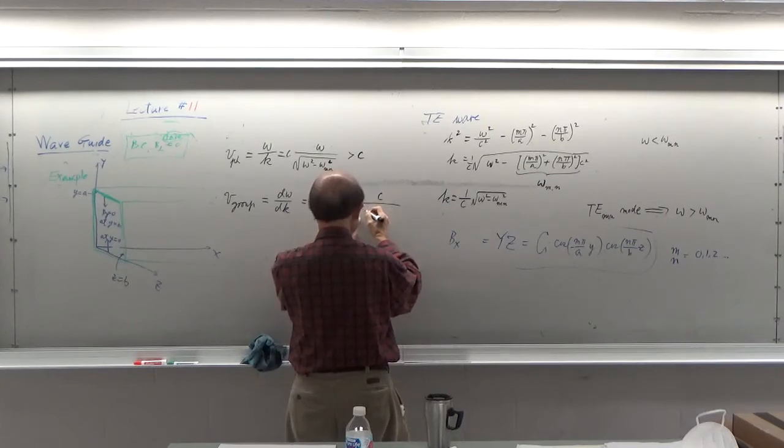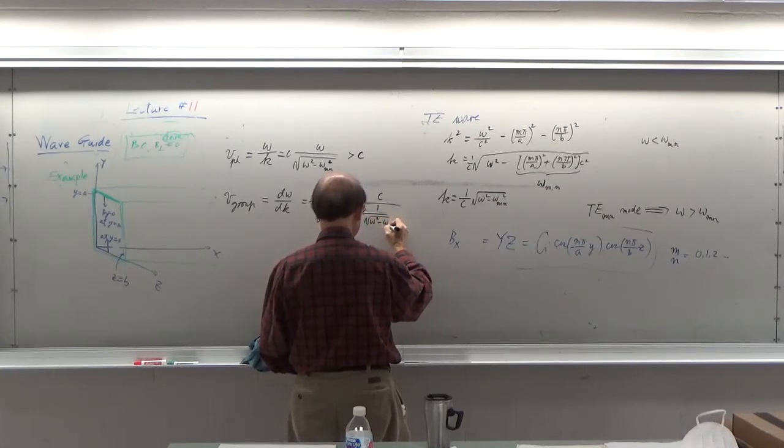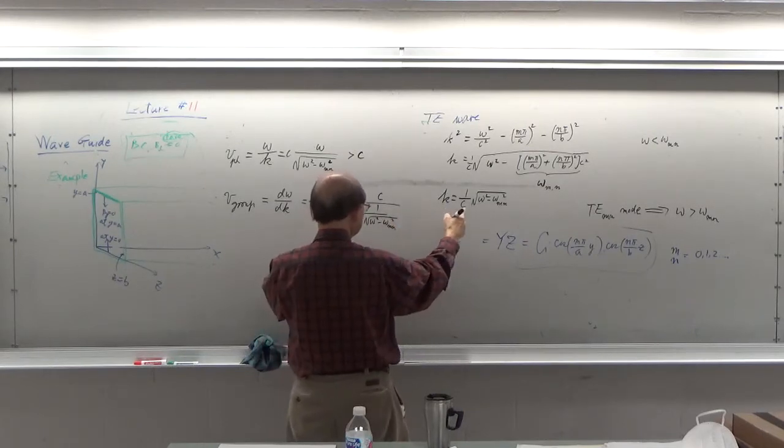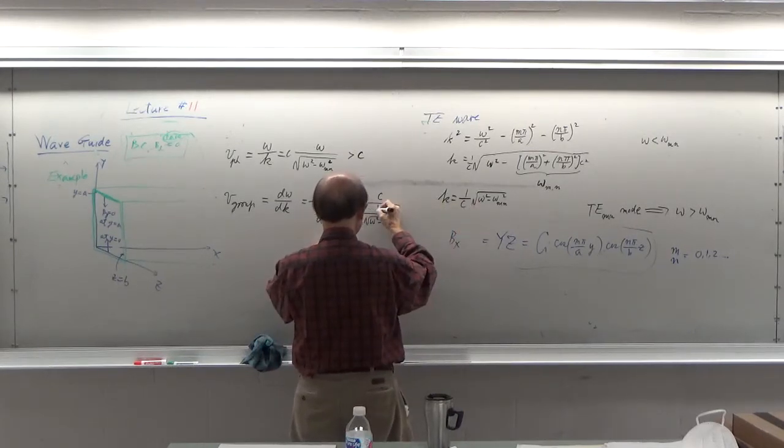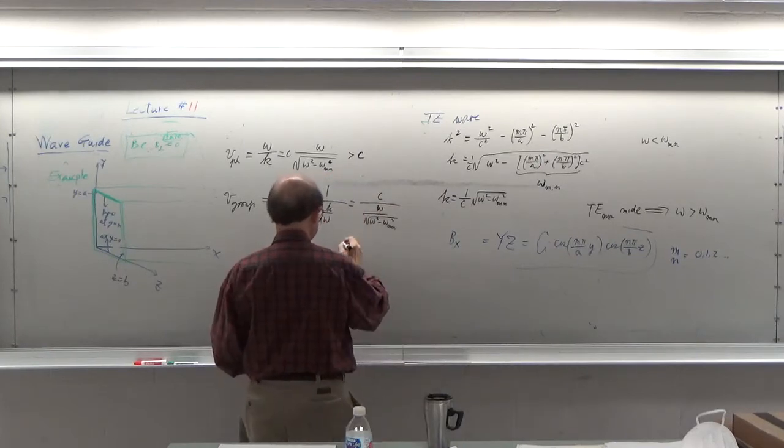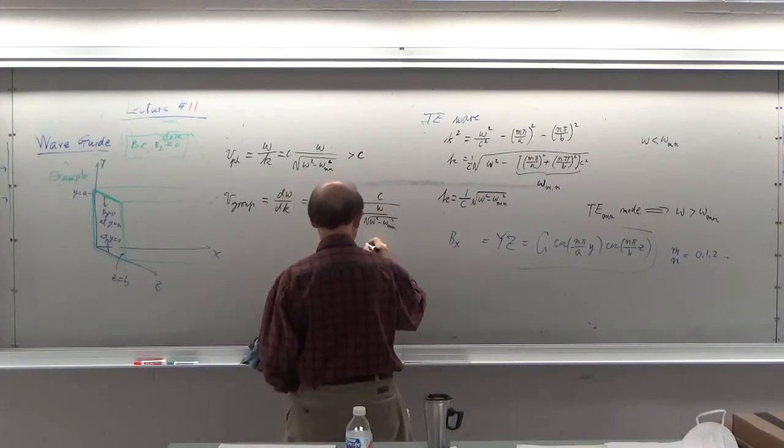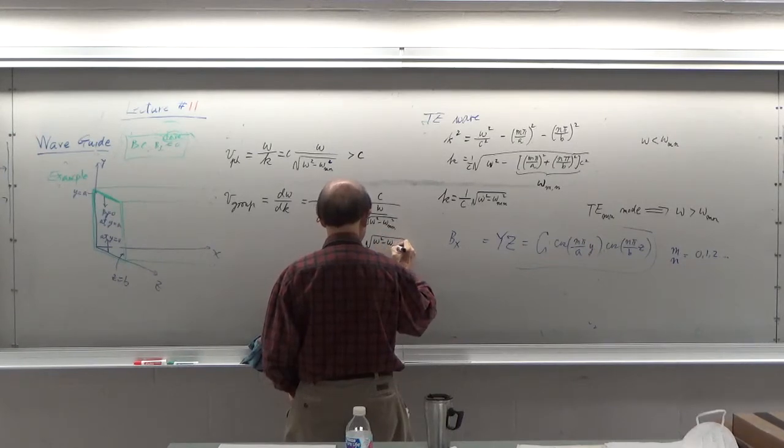Cancel that with the 1, so that it is 1 over square root of omega square minus omega mn square. Take a derivative, so there's 2 omega, so there's omega. Which, of course, is c times square root of omega square minus omega mn square over omega.